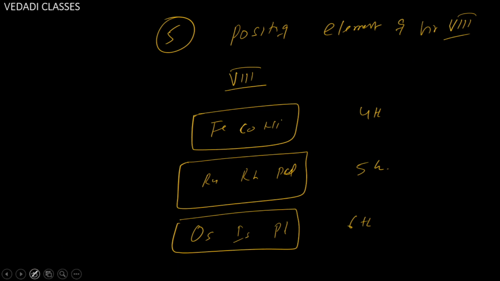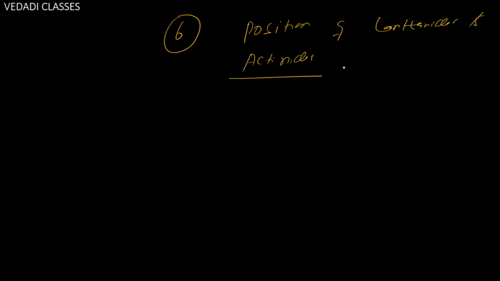Now the next one, there is one more drawback, that is the position of lanthanides and actinides. So what are the lanthanides and what are the actinides? Lanthanum is 57. After lanthanum there are 14 elements having the same properties as lanthanum, considered lanthanides.